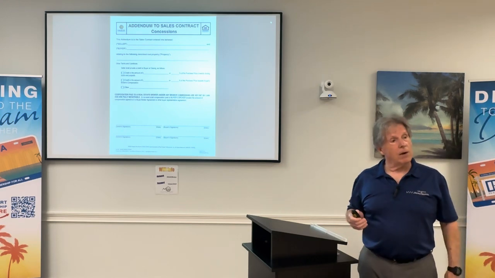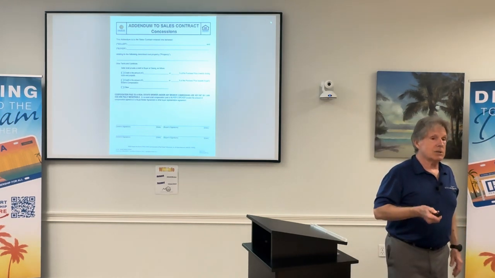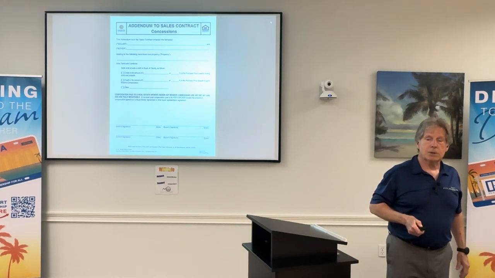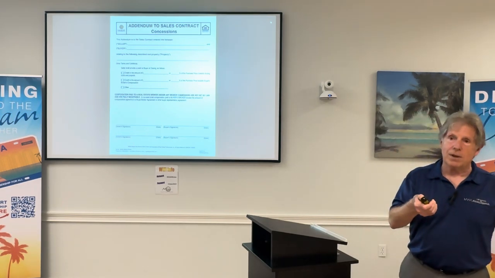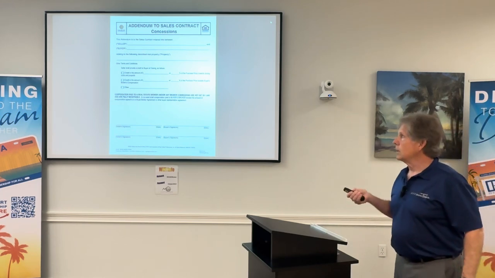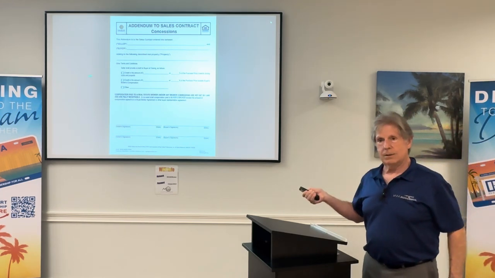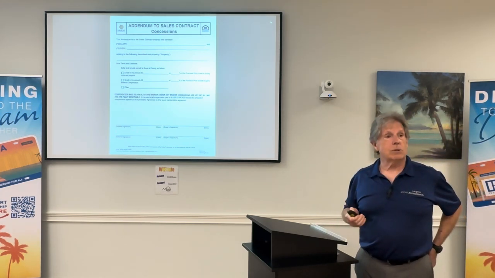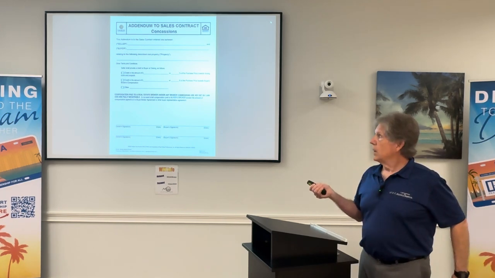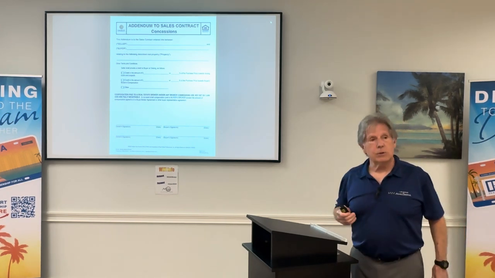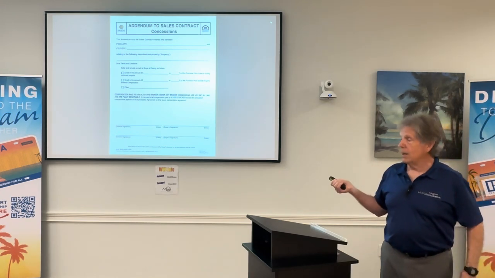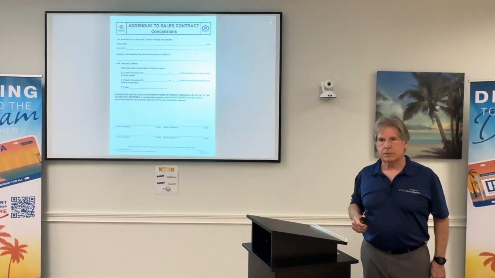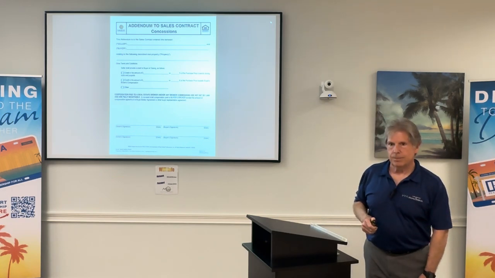However, if the seller has a listing contract that says, I'm going to pay the listing brokerage some money, and that contract says the listing broker is going to pay part of that money to the selling broker, and now the seller is paying a concession, which I find people goofing up, that happens to be identical to what the listing contract says the listing broker is going to pay to the buying broker. Everybody understand what I'm saying?